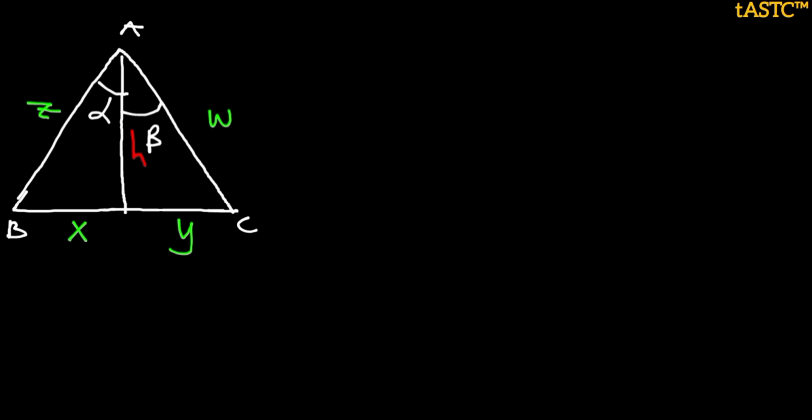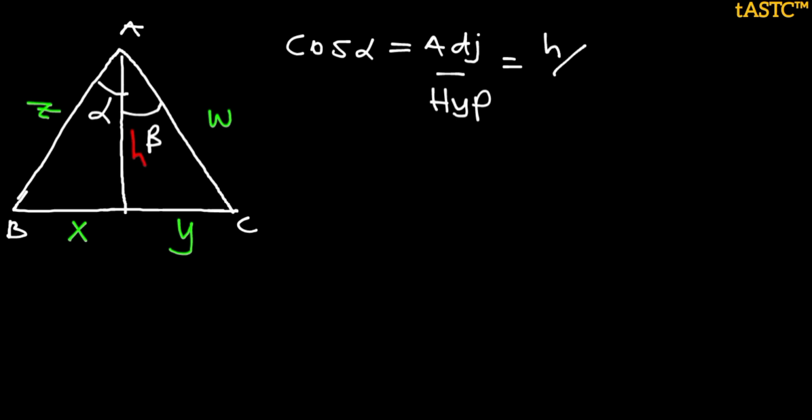Now, from the Pythagorean theorem, you could say that cos alpha, which you know is adjacent divided by hypotenuse. The adjacent to the angle alpha is h, so that should be h divided by the hypotenuse with respect to this right angle triangle, which is z.